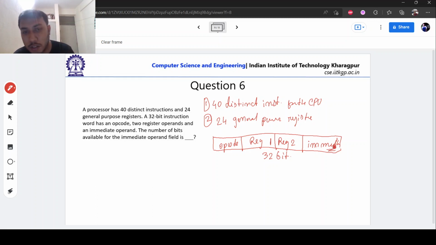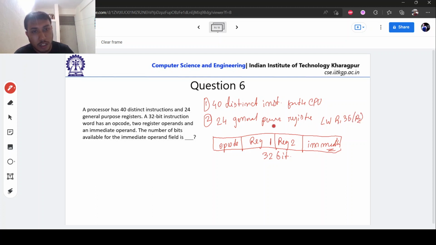We have shown the immediate part previously. If you want a visualization, you can consider the previous example only: Load R1 35 R2.